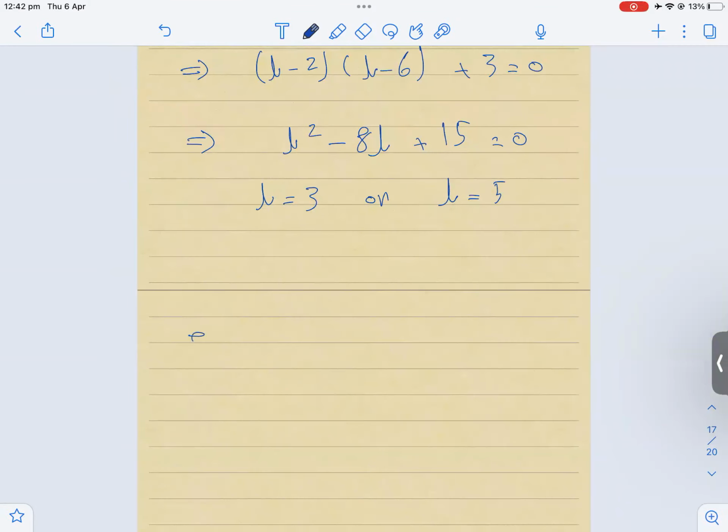Okay, e to the at can be written as... so okay, one thing.